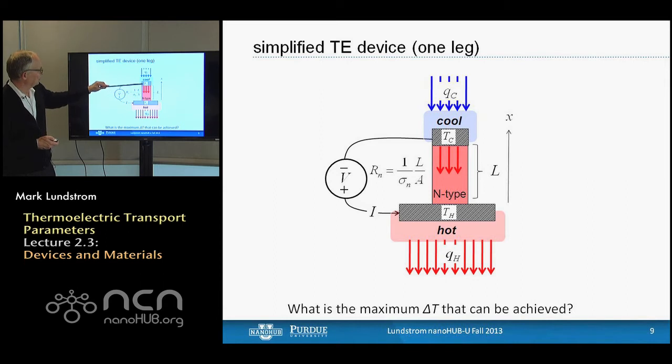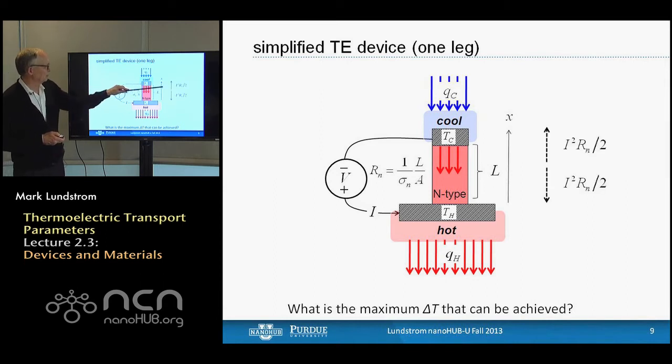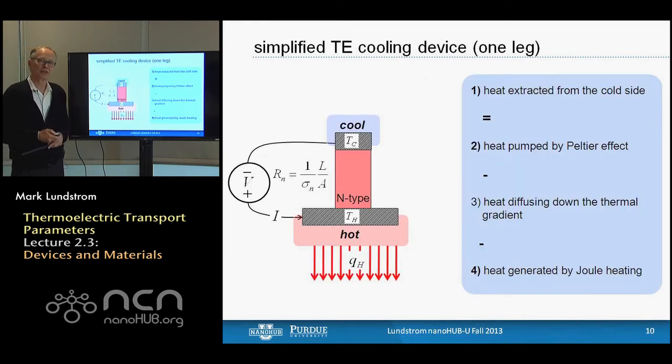We have some resistance of the electrical leg itself. Since we have some resistance, we have some power dissipated in the N-type leg, I squared R. And we'll assume that half of that flows down to the hot side, half of it flows up to the cool side. And then our task is to analyze the performance of this device in terms of all of these various contributions and see if we can determine what the maximum temperature difference is.